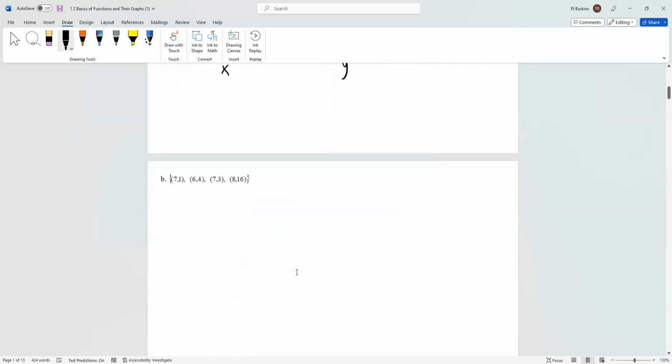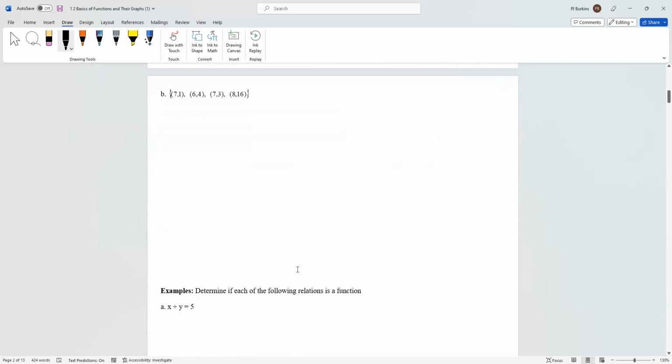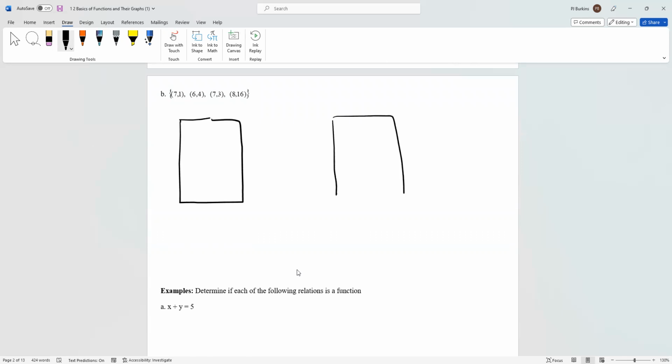So in this next example, again, let's make two sets. Let's make a set X, and let's make a set Y. So in X, we have 7, 6, 7 again, so I'll leave that alone, and then 8.